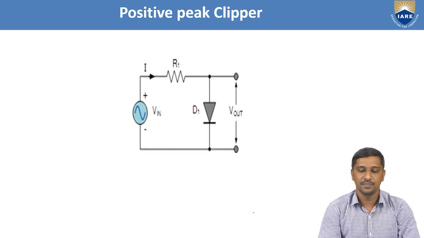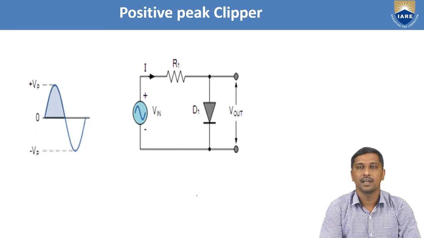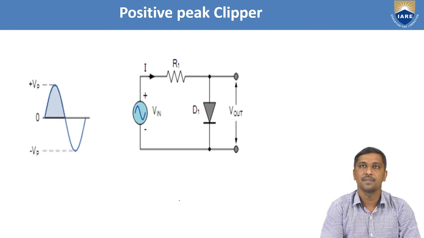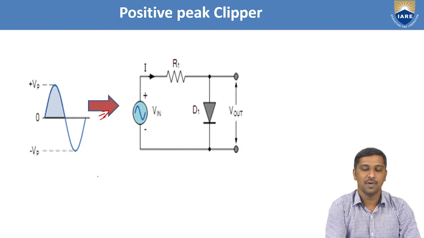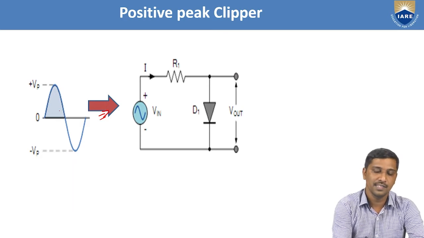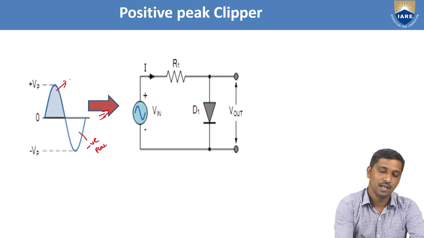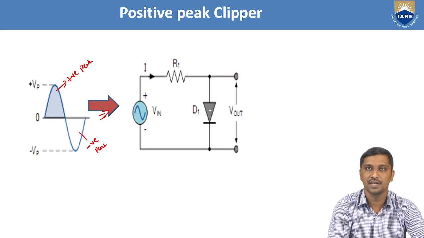Now let us consider this circuit, and here we apply this input signal. This input signal has two peaks, one positive peak and another negative peak. Let us assume a positive portion of the given input signal is passing through this diode D1.